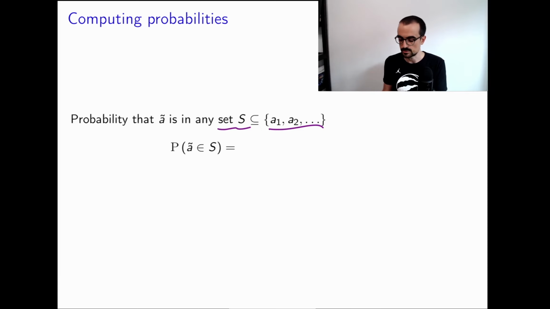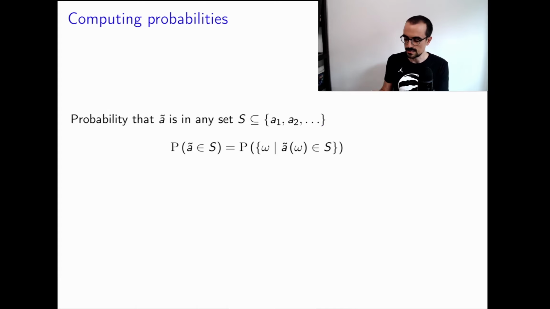Let's say that we're interested in a particular set S of discrete values that this random variable can take. How do we go about computing that probability? Now let's be mathematically formal, because we're going to see that we just need the PMF and then we can forget about the underlying probability space. But before we forget, we actually have to prove this.